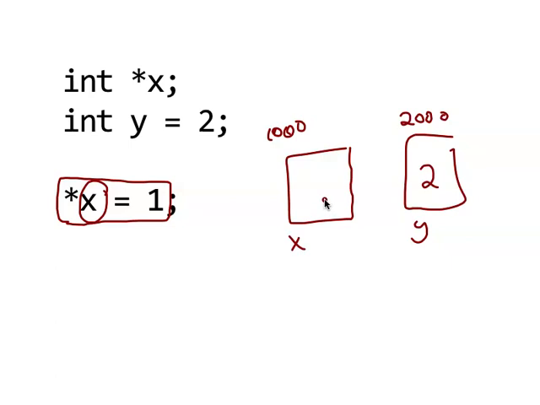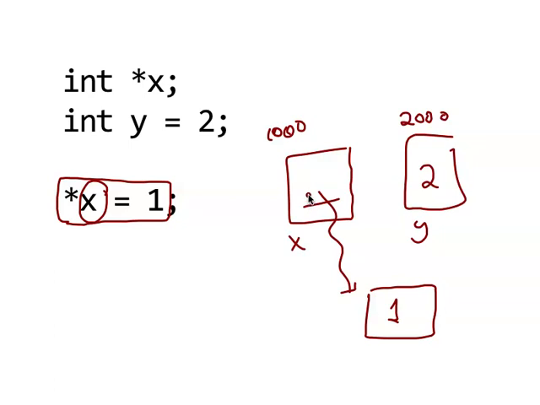So now, whatever value is here, you will follow, and then you will change the content of that box to 1. Okay? So now you see why using pointers is tricky. Because you are accidentally changing another memory location just because you forgot to initialize this value.